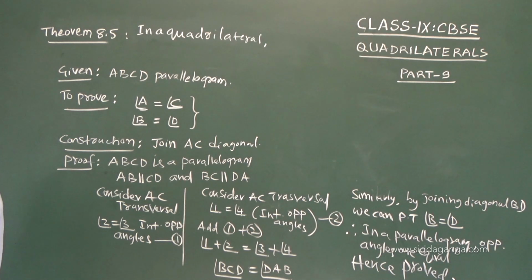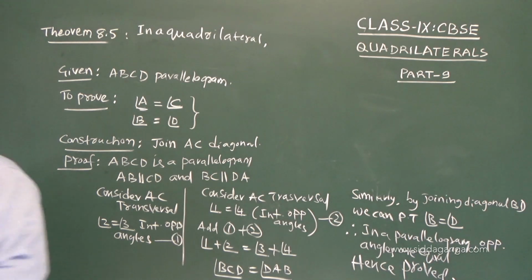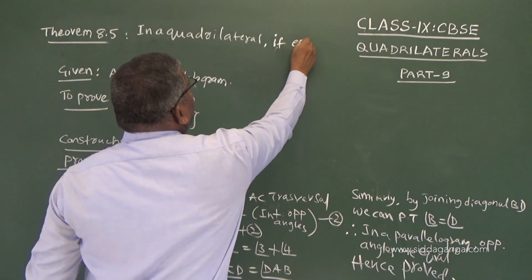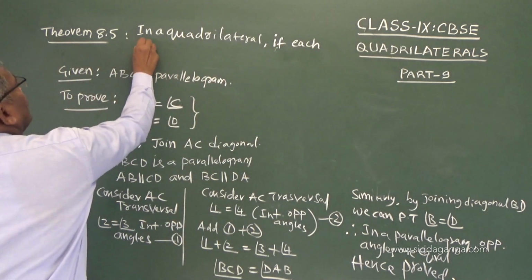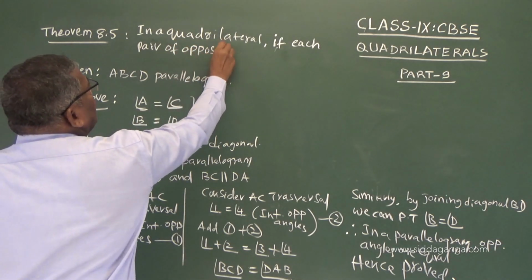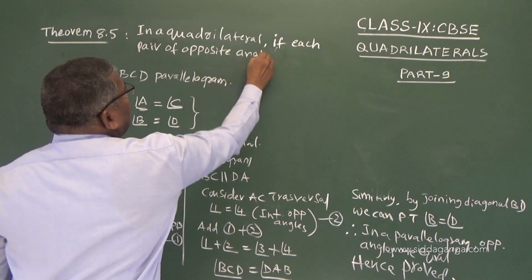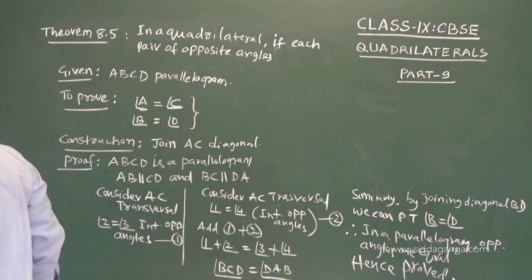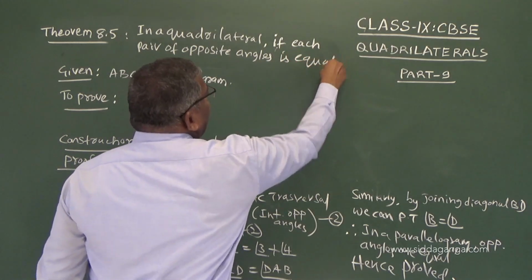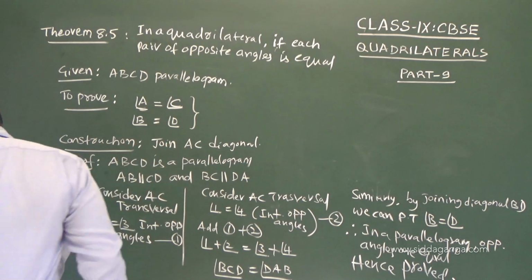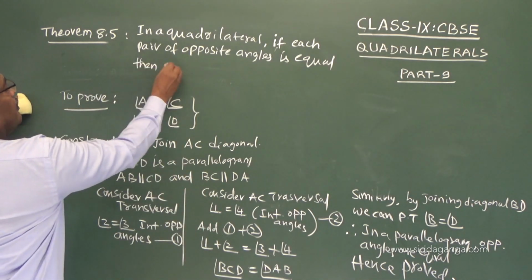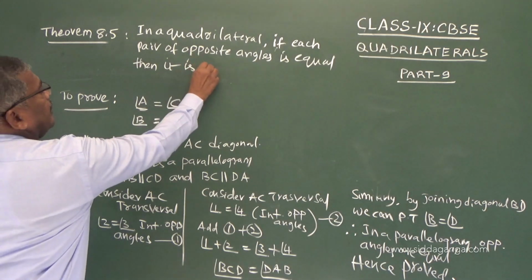If each pair of opposite angles is equal, then it is a parallelogram.